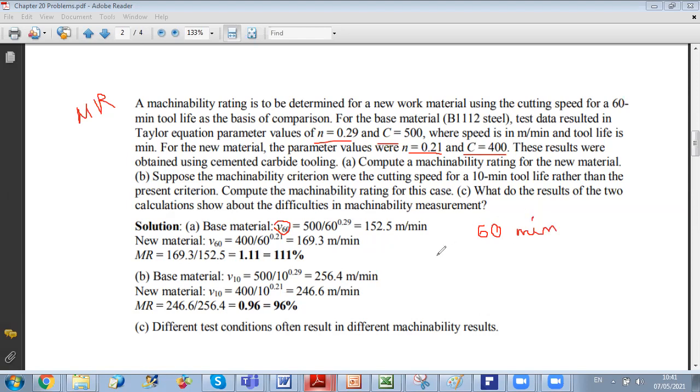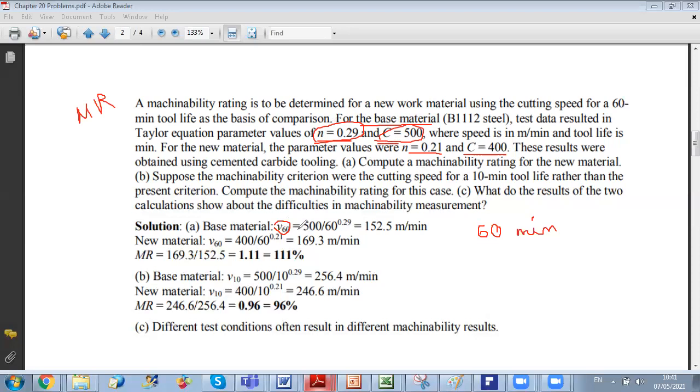Of course, the better your material is, the higher the maximum speed we can reach. So we can calculate for the first material, the base material. They gave us the parameters N and C for a tool life of 60 minutes, so we are looking for the cutting speed of operation for this lifetime.